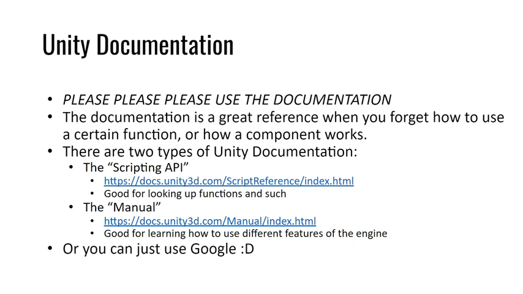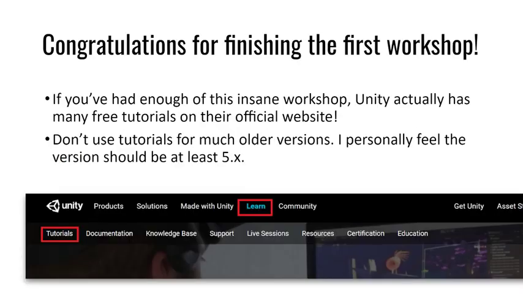And there's the scripting API, which basically tells you what stuff is in each component, what you can access, and how to use them. And there's the manual, which is less about code and more about stuff inside the Unity editor. Or you can use Google, that's what I did, but usually that just directs you to the Unity documentation or other Unity forums.